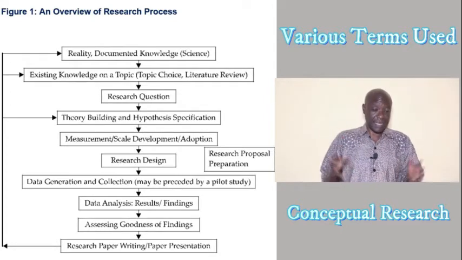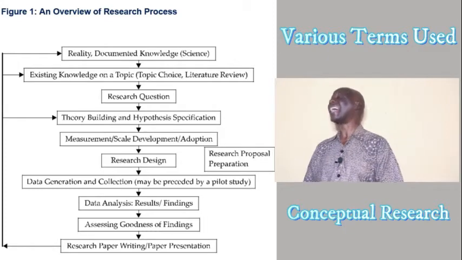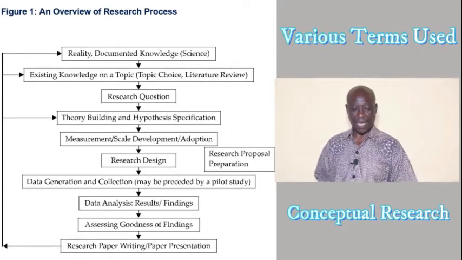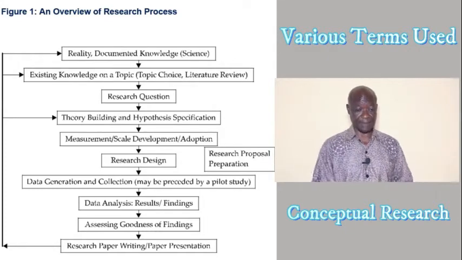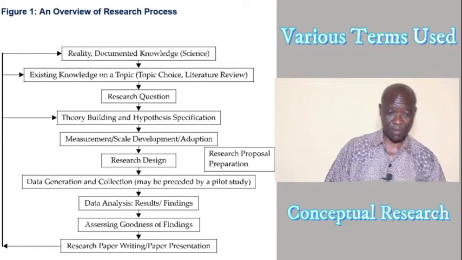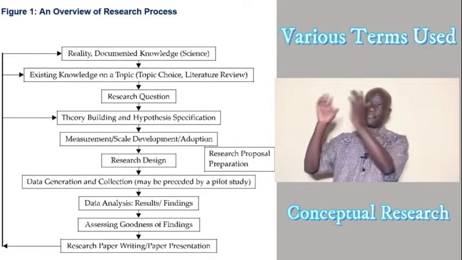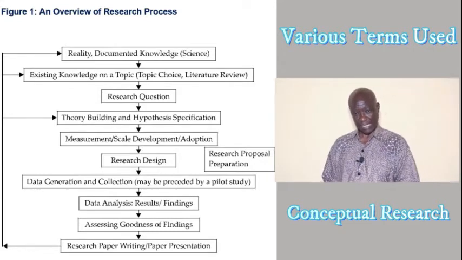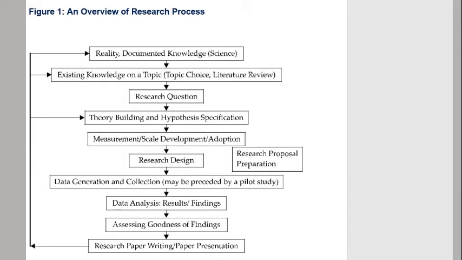Thus, as you can see, empirical studies are data-based, right? So these are studies that are based on data, and they can generate empirical facts. So most of the steps depicted in figure 1, which you still see here on the screen, are associated with this type of research.